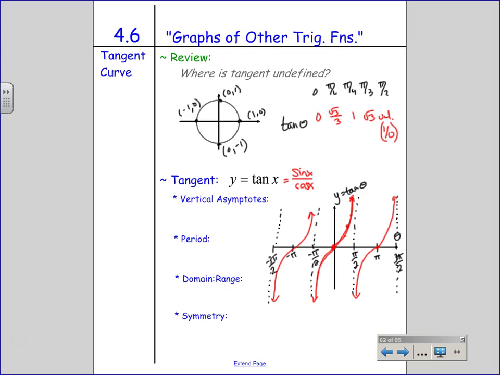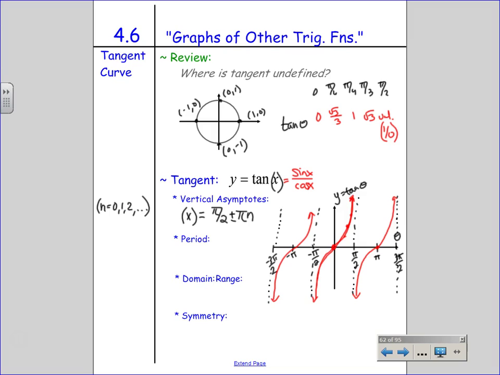Vertical asymptotes, where are they going to occur? They're going to occur when x, or whatever is in the tangent, equals pi over 2 plus pi n. N is just a whole integer. We could do plus or minus pi n if that helps, where n is equal to, quick reminder, 0, 1, 2, 3, 4, whole multiples of pi.